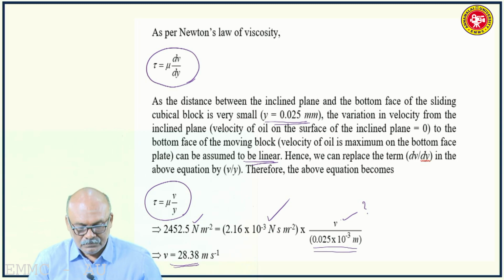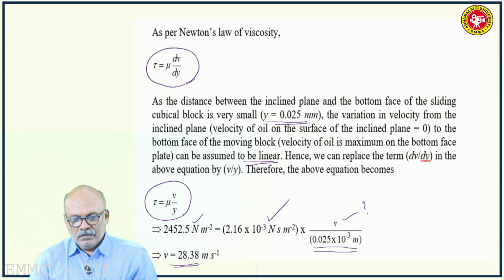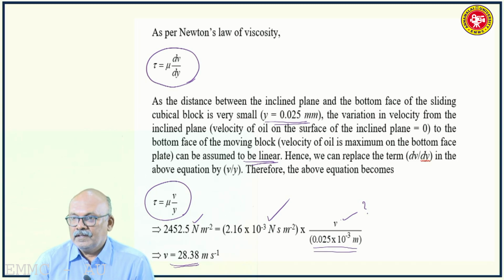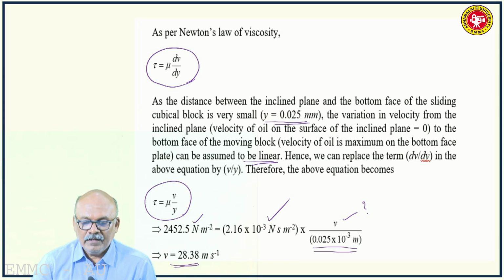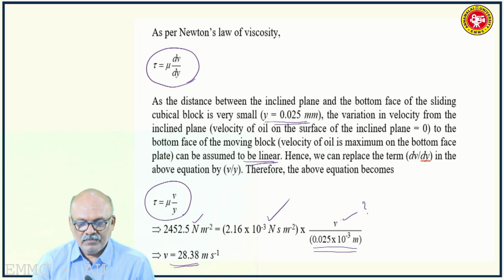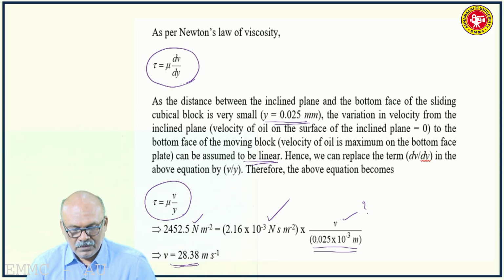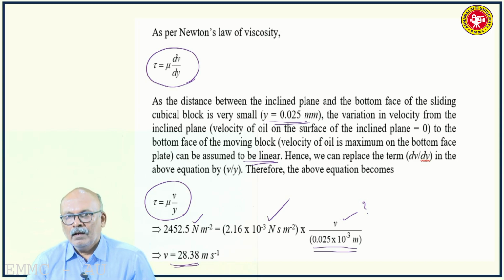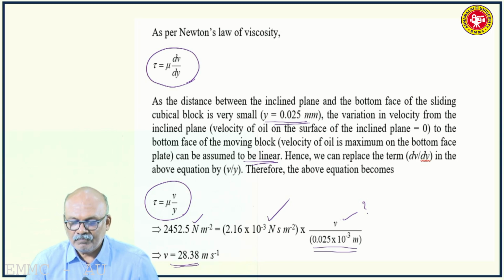I hope you have understood the concepts and the details explained in the 4 examples we have seen, applying Newton's law of viscosity and also assuming linear variation of the velocity gradient as the distance involved between the plate or the block which is moving and the surface on which it is moving is very, very less.